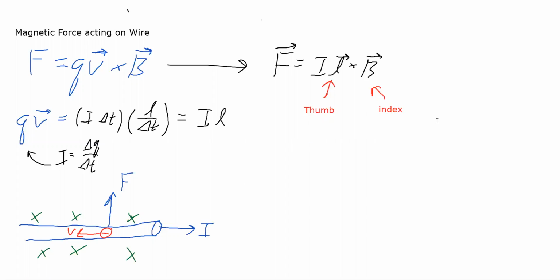Not a whole lot different. You still have the cross products, the same idea as the charge. The same properties we talked about last time, where the current has to be making some angle with the magnetic field, and the force is always going to be perpendicular to your current.